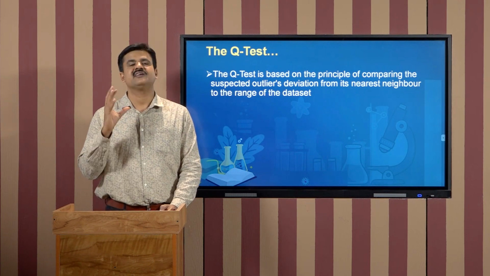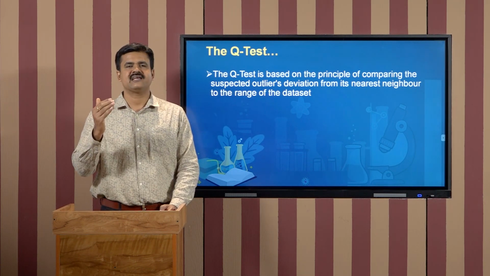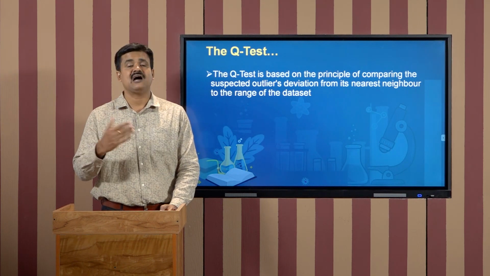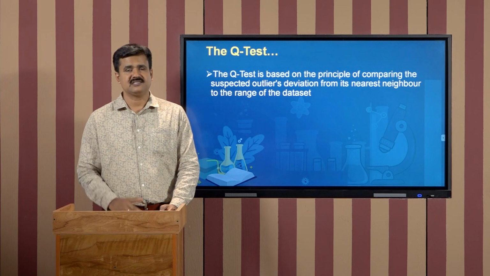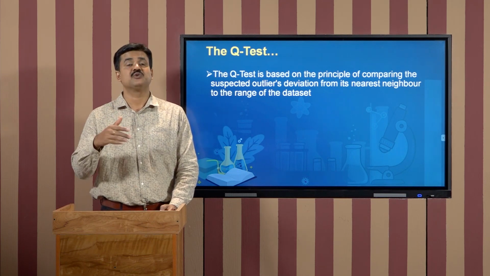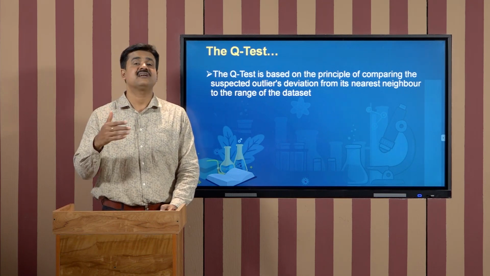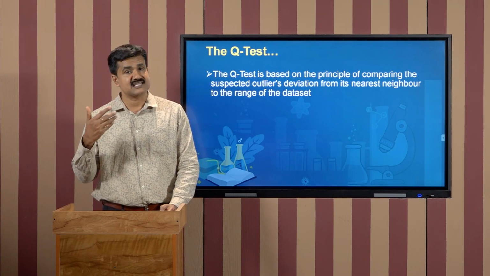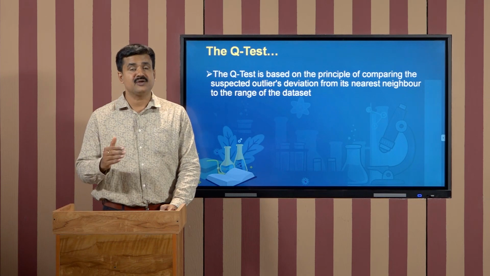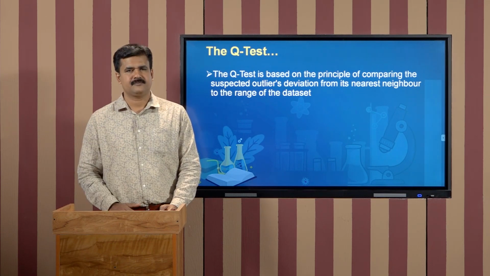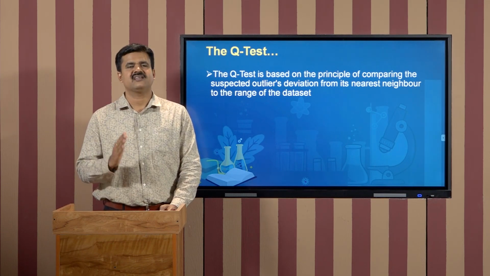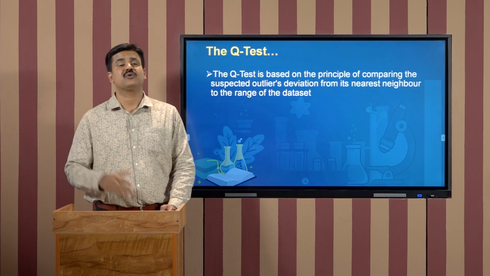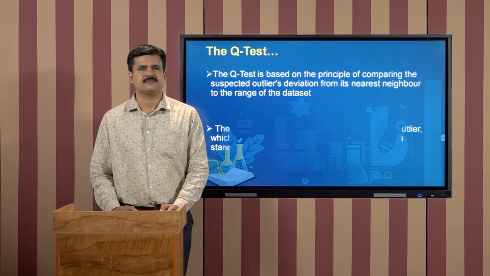That is, in the Q-test, we have to take a fixed value that is called the suspected outlier, perform the Q-test, and at last, based on the result of the Q-test, we can take a decision whether the suspected value is an outlier, it can be ignored or it can be included. Such a decision can be made with the help of the Q-test. We can enter into more details and illustration of the Q-test.